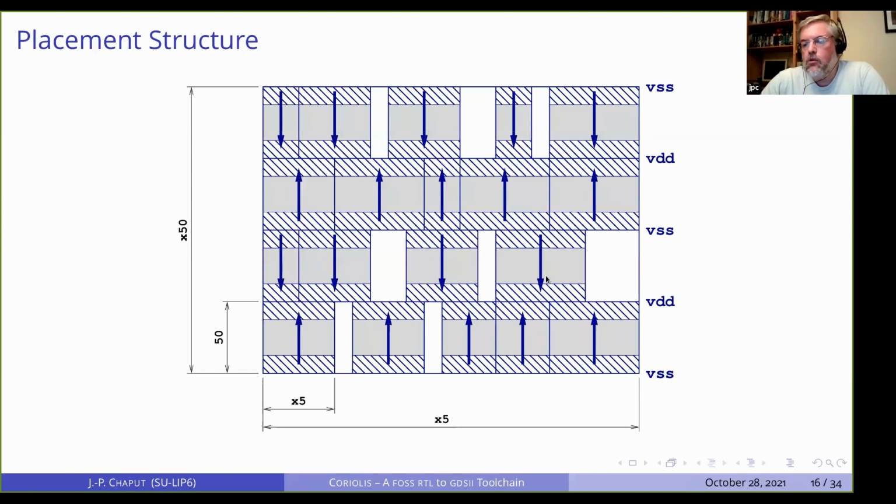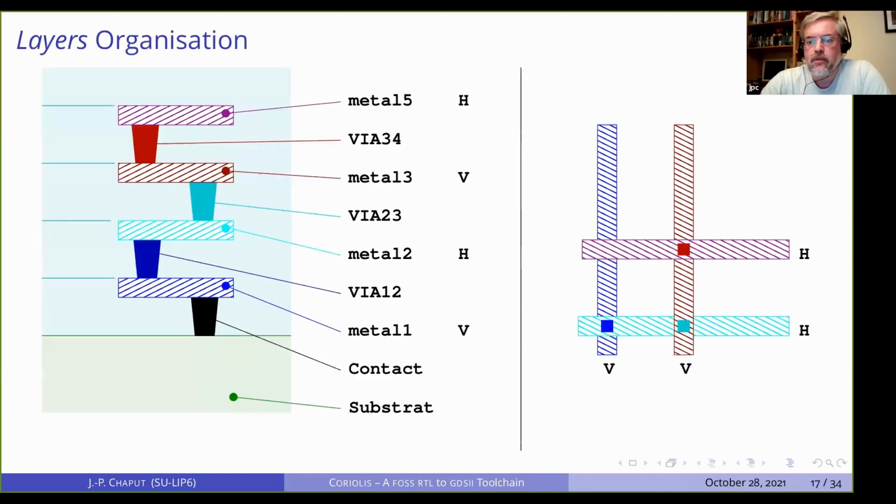So one row out of two is flipped vertically. This is the sense of the arrows. The arrows indicate the orientation. So we have regular slices and regular rows. This is the work of the placer. It's a complex task, but in the end, this is what you get.